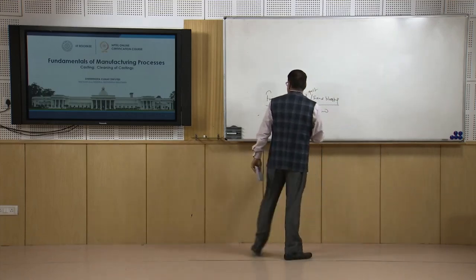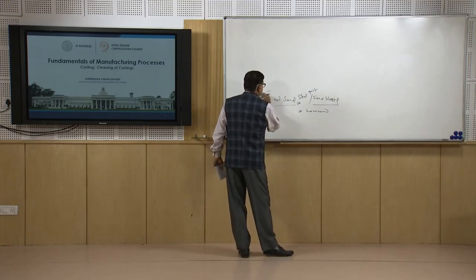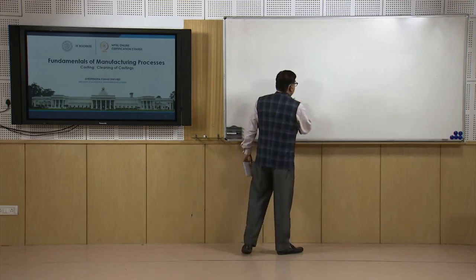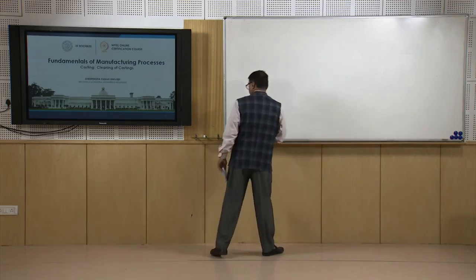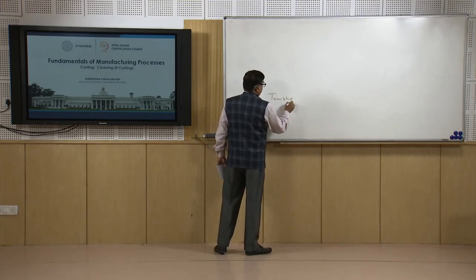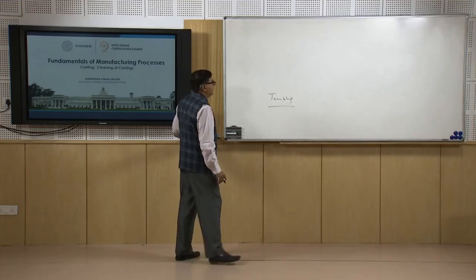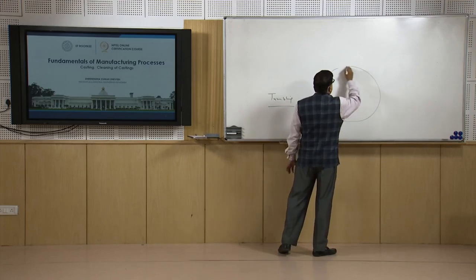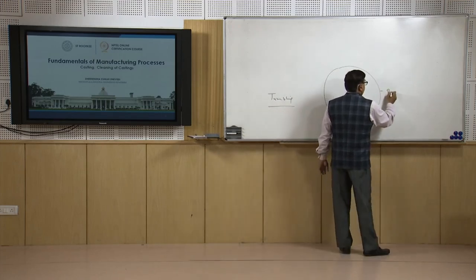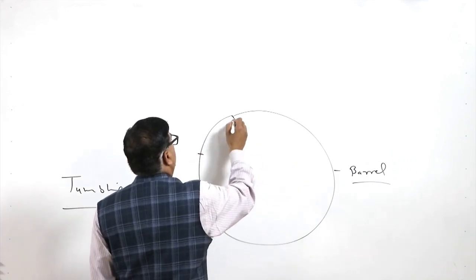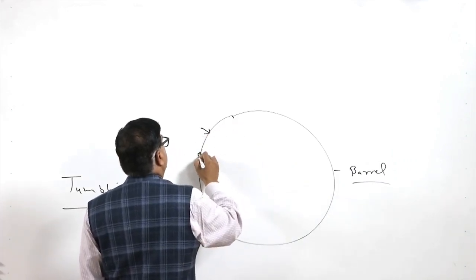Then there is one more and very commonly used method for cleaning the sand castings, which is tumbling. Tumbling is another very commonly used method of cleaning the casting. In this case, one very large diameter barrel, having an opening gate on one side which can be opened and closed.